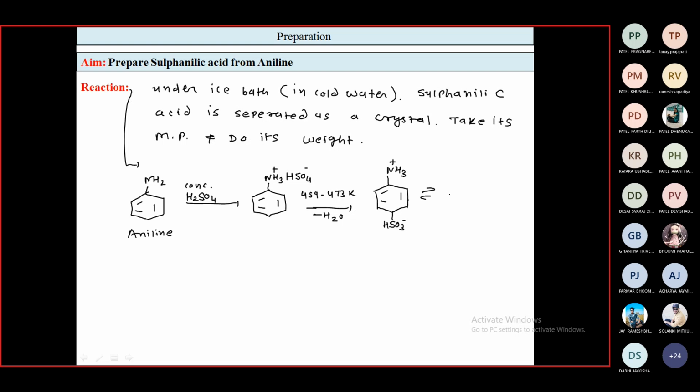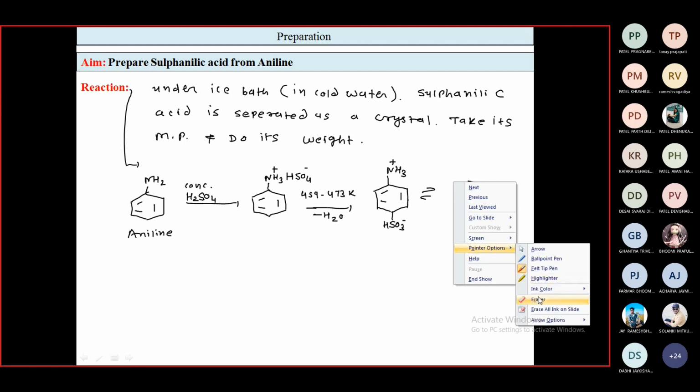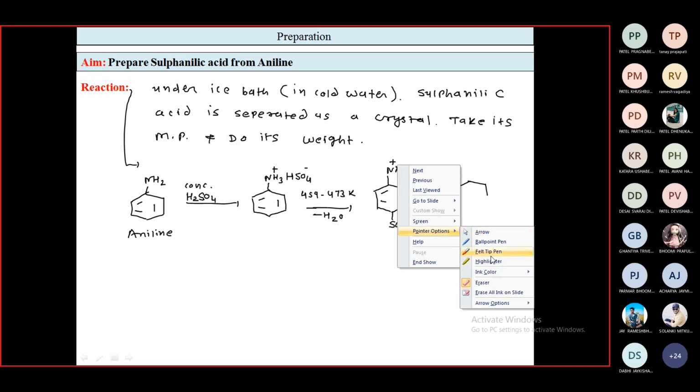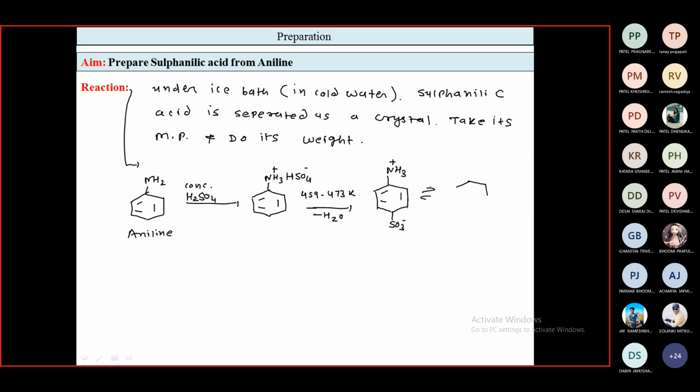It is rearranged so the charge gets removed, so it is only SO3-. A proton from the zwitterionic part comes to SO3, so you are getting SO3H and NH2.